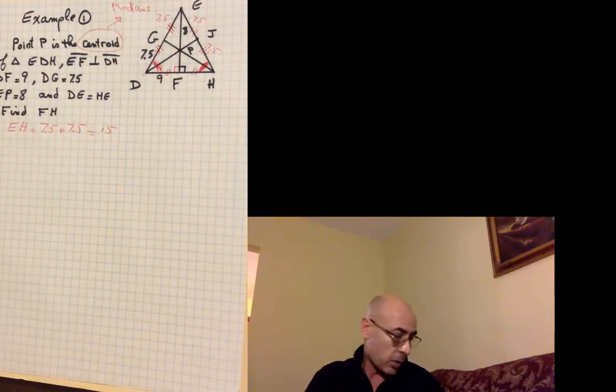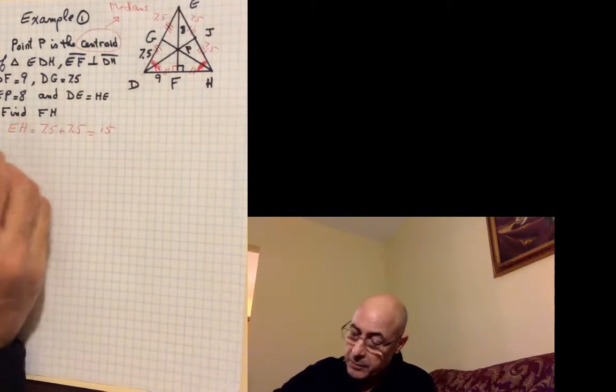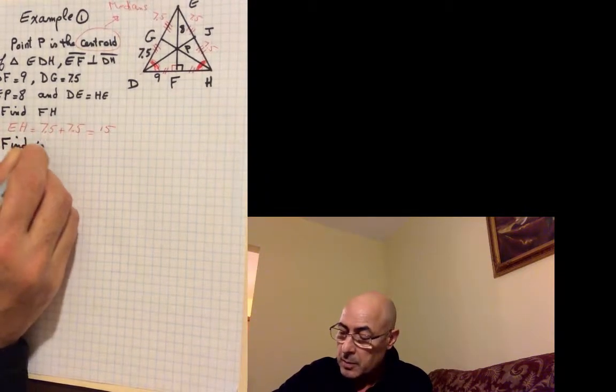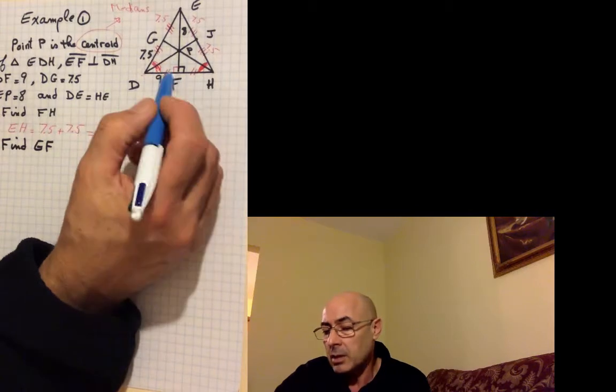The second part, we want to find how long is EF. Find EF, the length of segment EF. If we look at the figure, we know that from E to P is 8, and we want to find EF. But from P to F is not given. But this is the centroid.